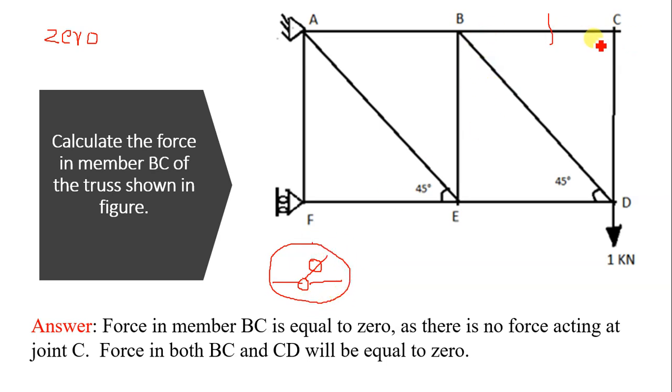Here we are interested in BC only. BC is connected to joint B, and at joint B the second member is CD. So this joint satisfies our first criteria.